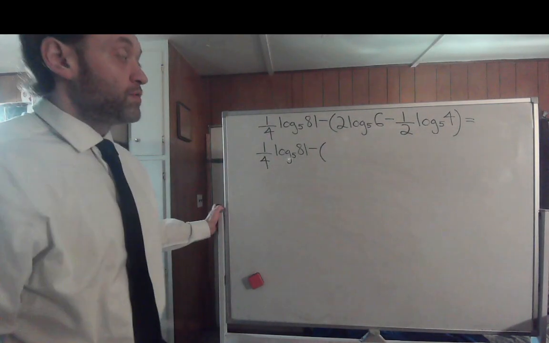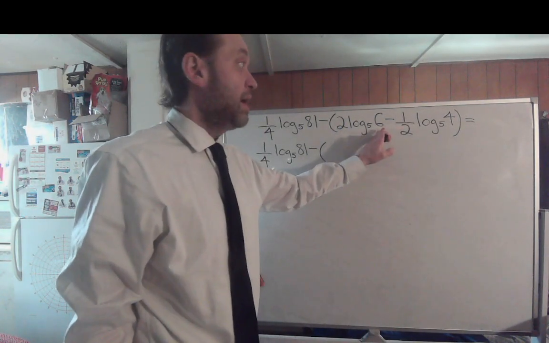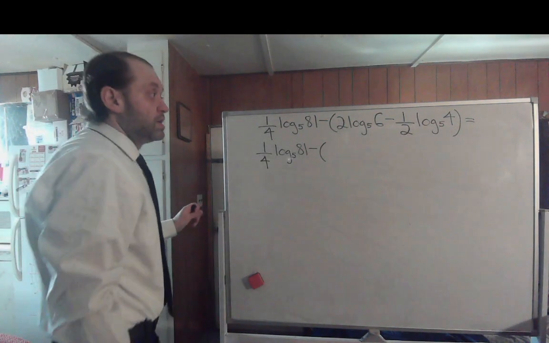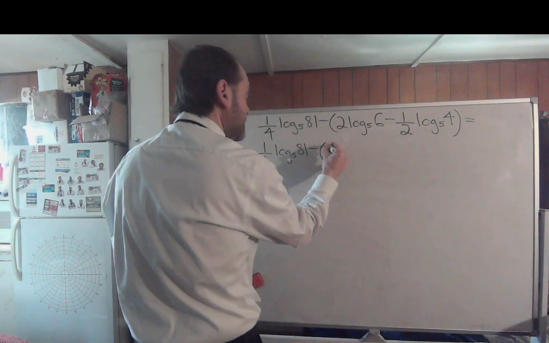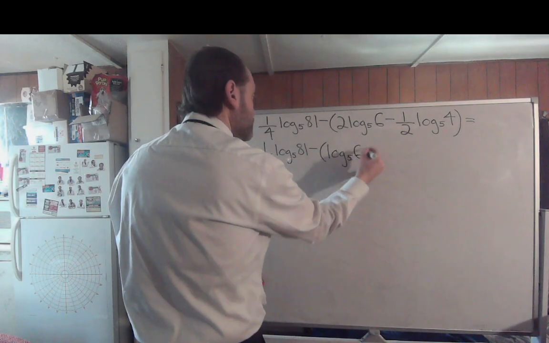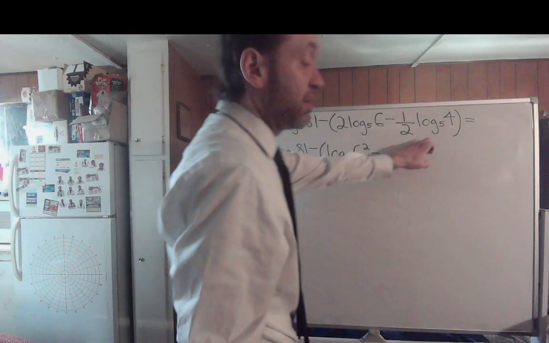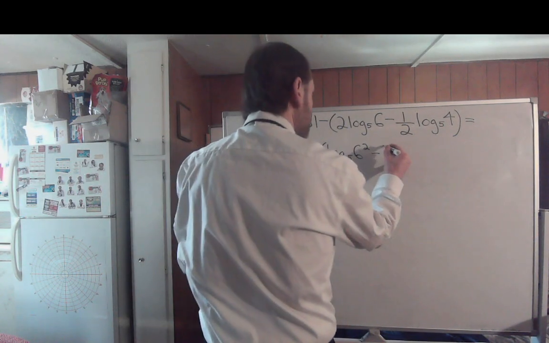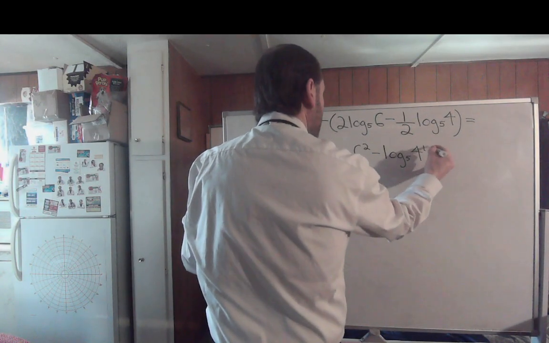So for each of these, you have a power rule. So that 2 log base 5 of 6 is the same as log base 5 of 6 squared. Minus, okay, that half log base 5 of 4 is the same as log base 5 of 4 to the 1/2.